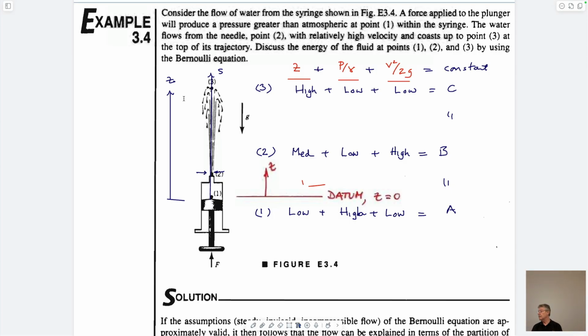But this example we did says it all. We talk about linear Bernoulli in terms of elevation head, pressure head, and velocity head. And you can think of this as a reverse of this. This has a big elevation head, Z, but the pressure is atmospheric, and it has no velocity. If I drop it, then as it comes down, when it gets close to the floor, the velocity is large, Z is small, and so it's traded potential energy for kinetic energy, and pressure is still nothing.